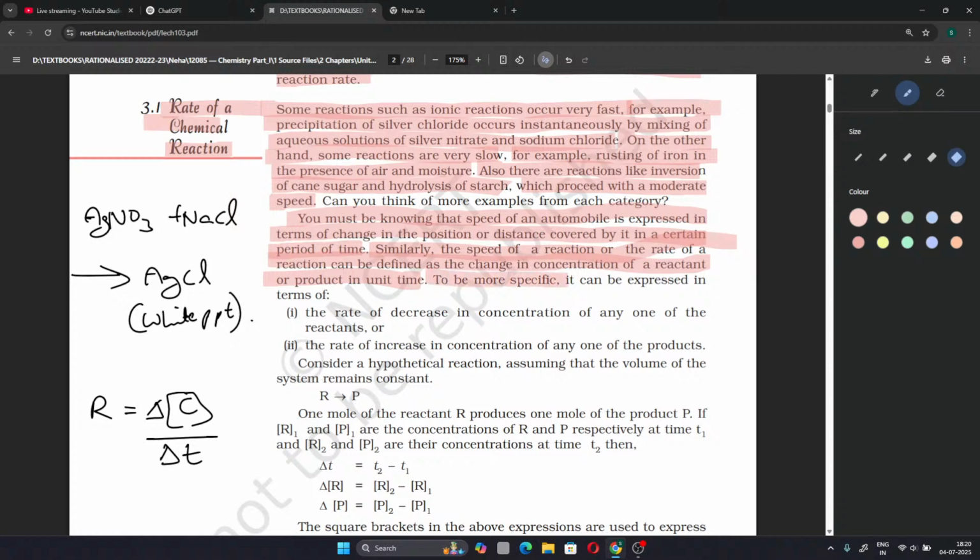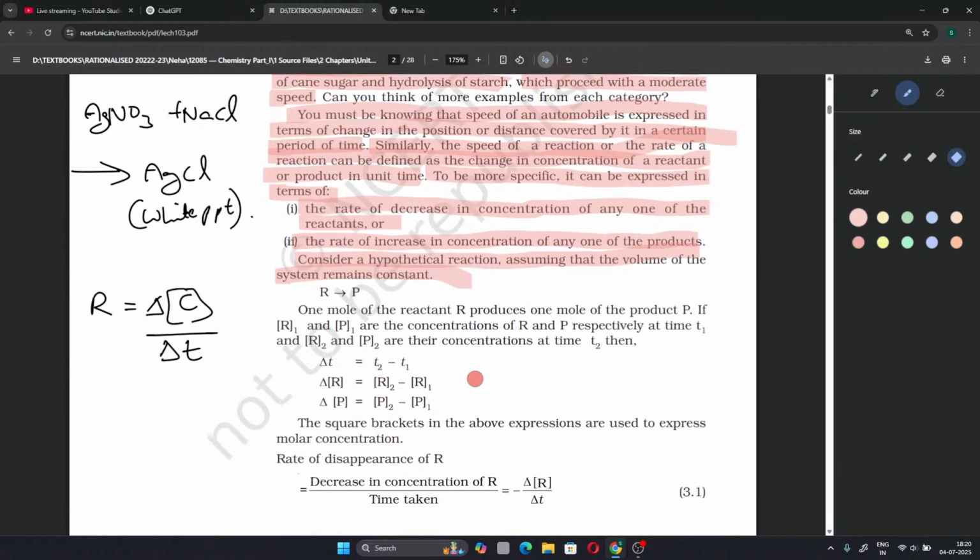To be more specific, it can be expressed in terms of the rate of decrease in concentration of any one of the reactants, or the rate of increase in concentration of any one of the products. Consider a hypothetical reaction, assuming that the volume of the system remains constant.